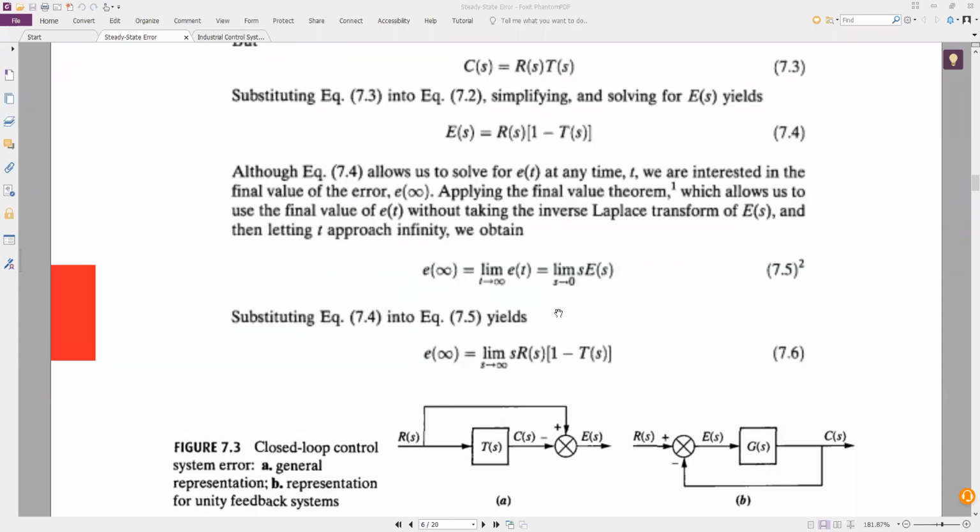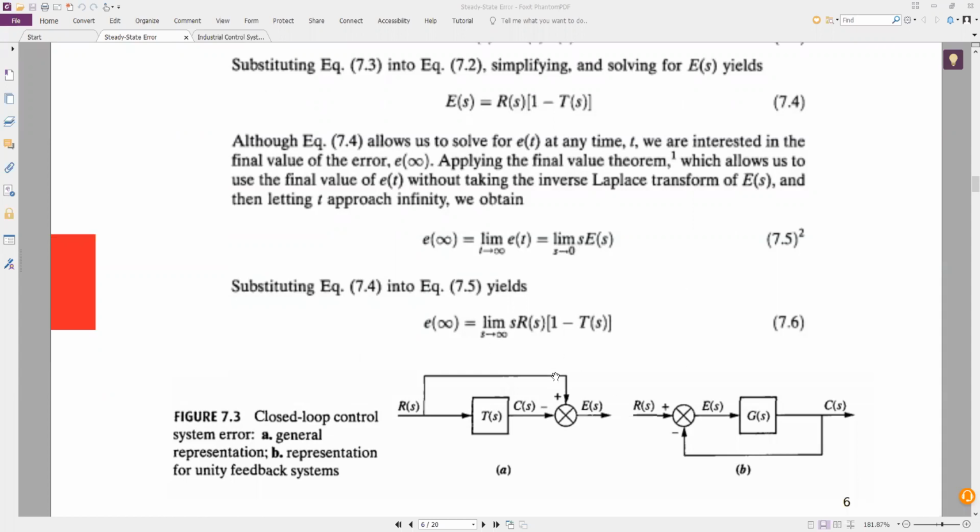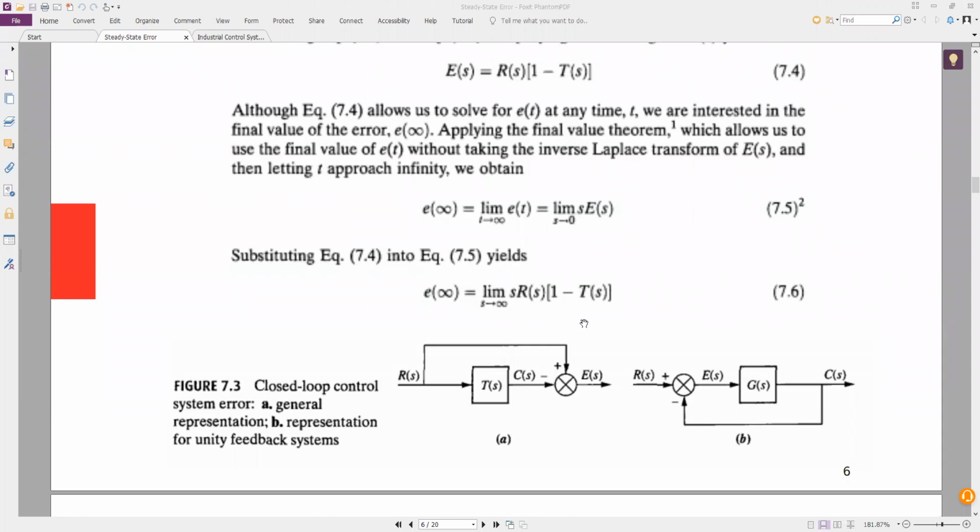So we can write the limit as t tends to infinity of e(t) is the limit as s tends to 0 of s into E(s). So instead of E(s), we'll write this one. Okay, so that is the equation.